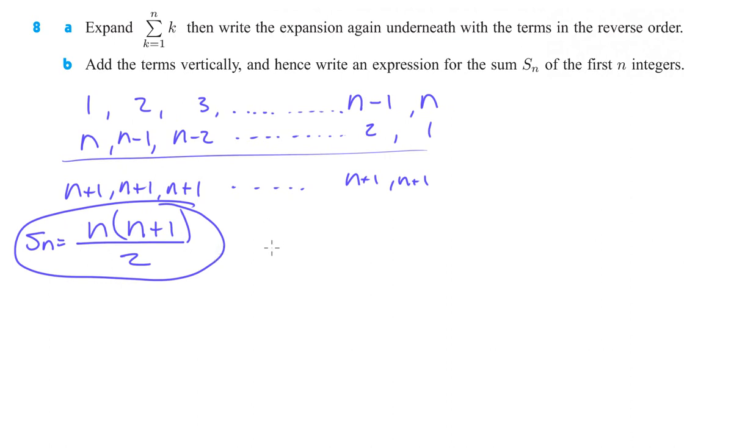Let's say we want to know what the sum of the first 37 numbers is. You'd say S of 37 equals 37 times 37 plus 1, all over 2.